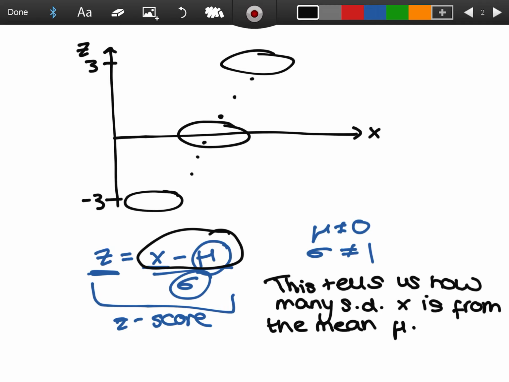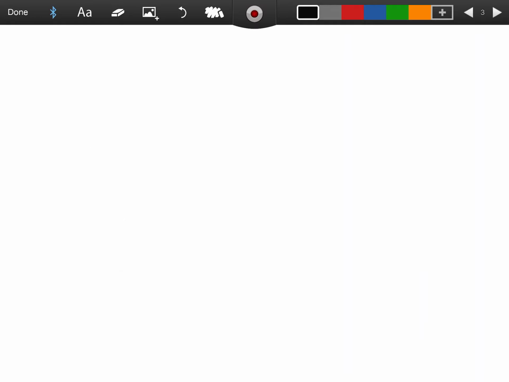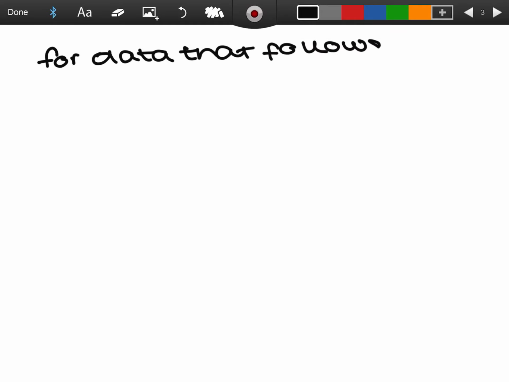But what you need to know is, if data follows a normal distribution, its normal probability plot should lie in a straight line. So for any data, when you plot x, the data points, against their z-scores, if the data has a normal distribution, then the normal probability plot for that data should form an almost direct straight line.